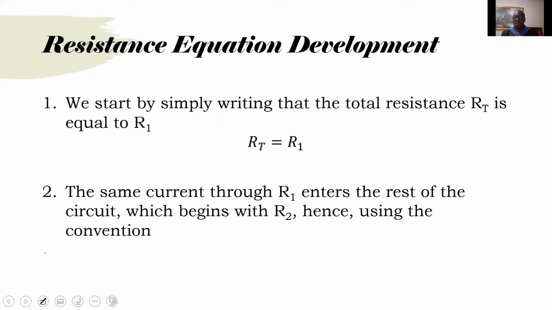Going back to our convention, it means that R1 is in series with the rest of the circuit. And the very first resistor we see in the rest of the circuit is R2. Step 3.